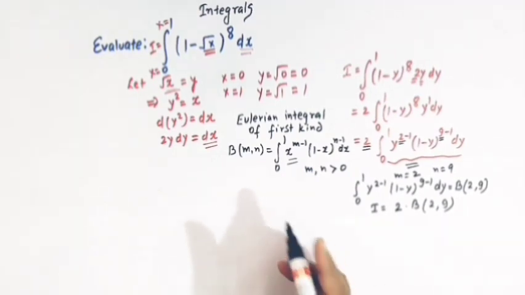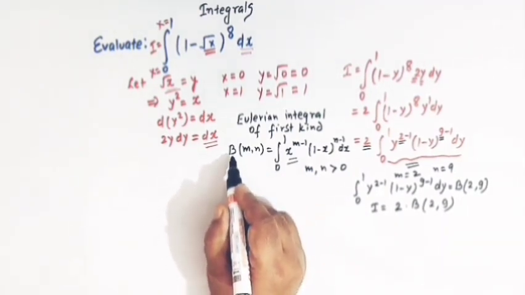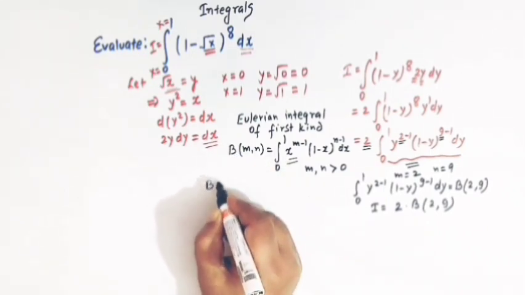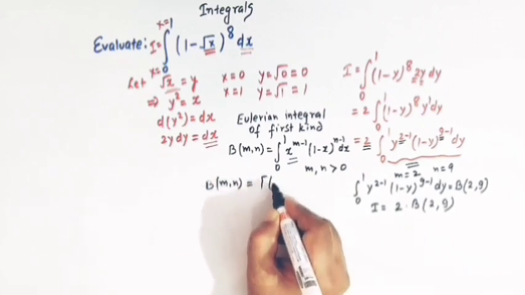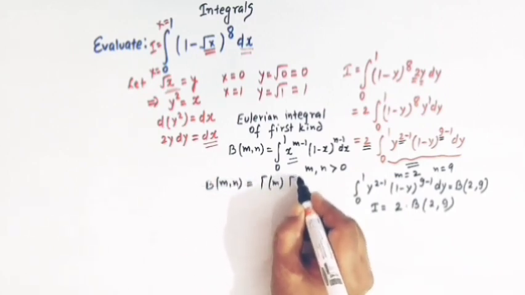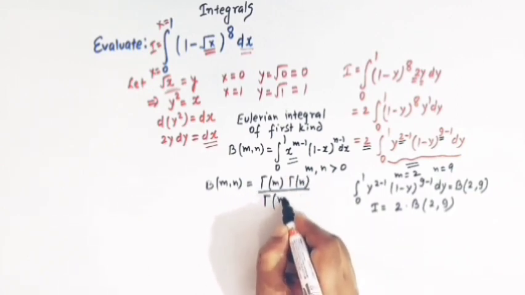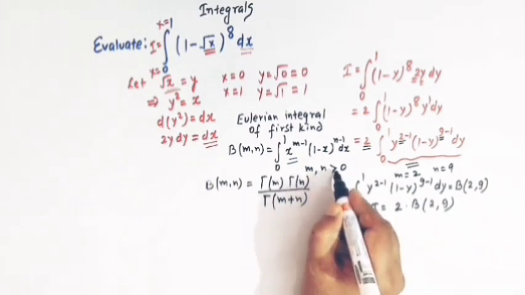So now we know that an important relation between the beta function and the gamma function: beta mn is given by gamma of m, then gamma of n, divided by gamma of m plus n, where m and n are greater than 0.